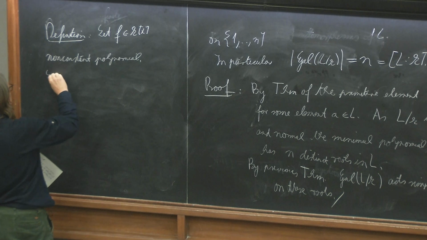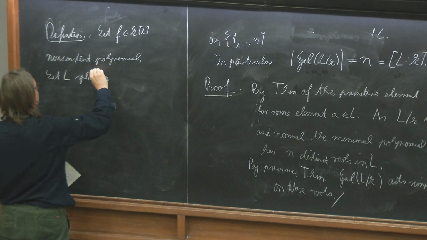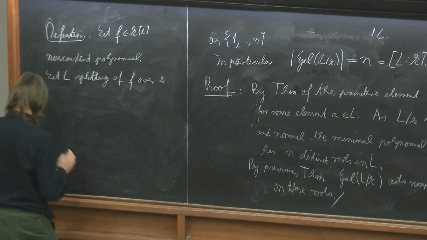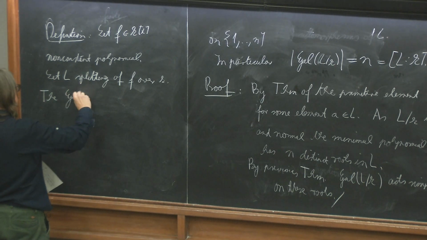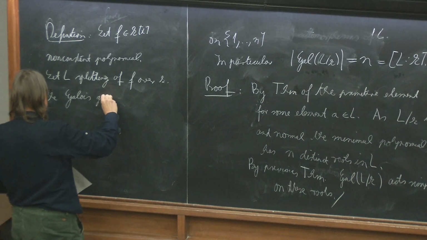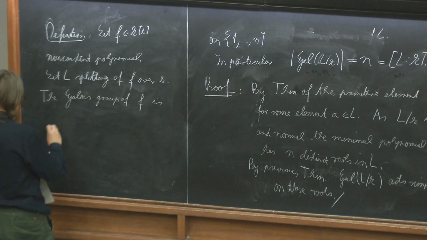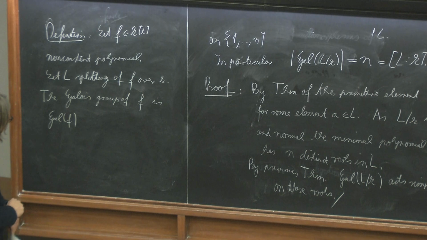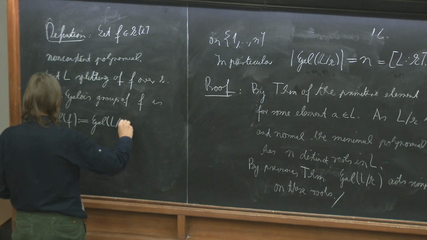Let L be the splitting field of f over k. So the Galois group of f is the Galois group of L over k.